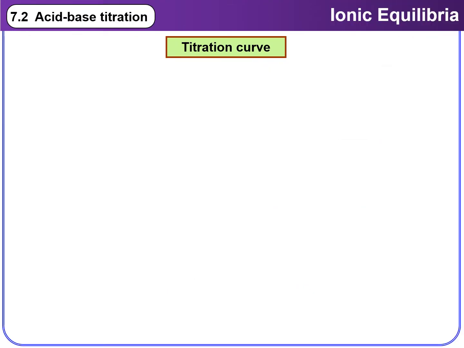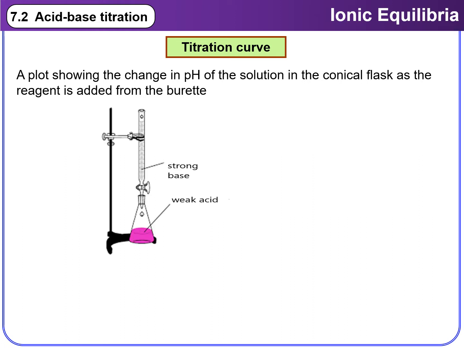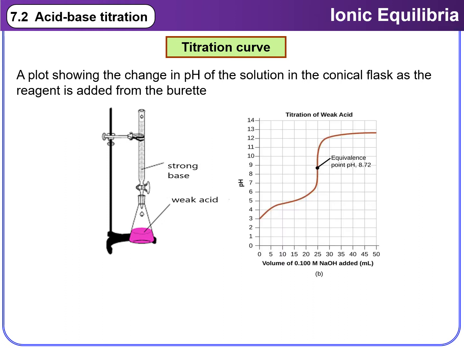Titration curve is a plot showing the change in pH of the solution in the conical flask as the reagent is added from the burette. This is the setup and this is the titration curve.